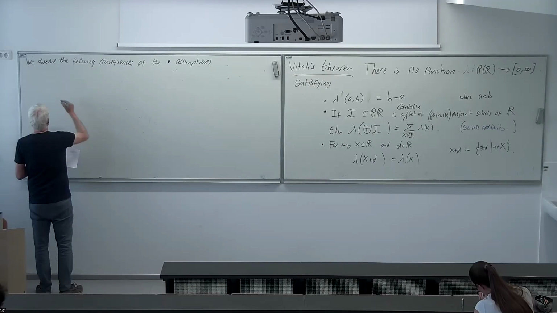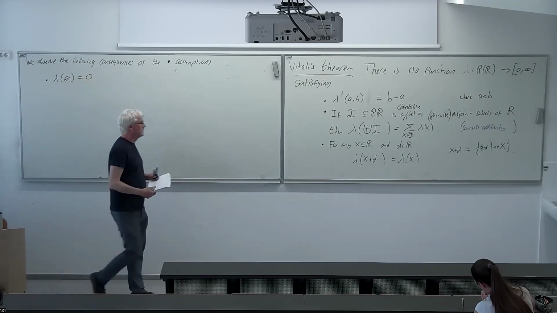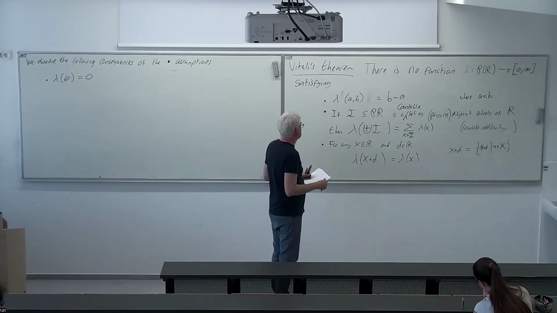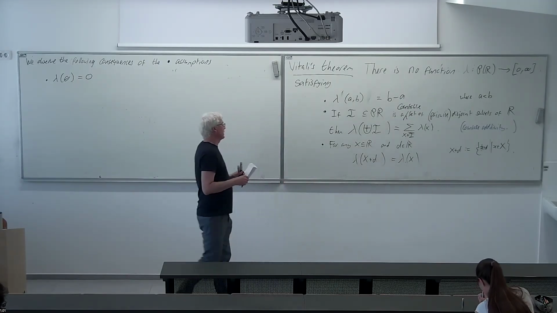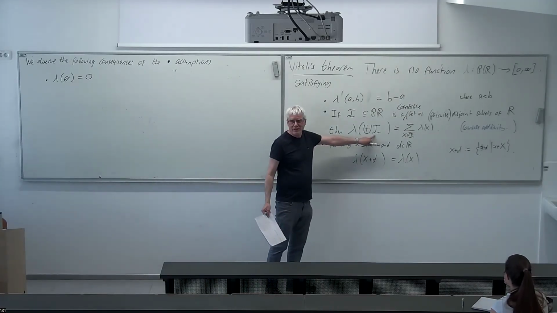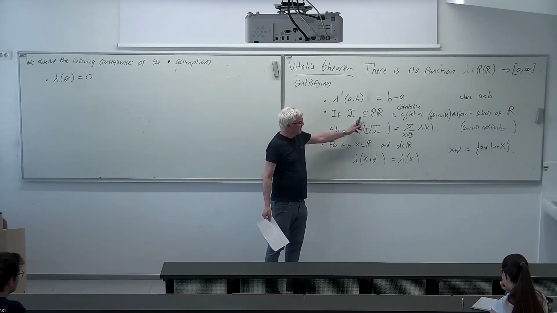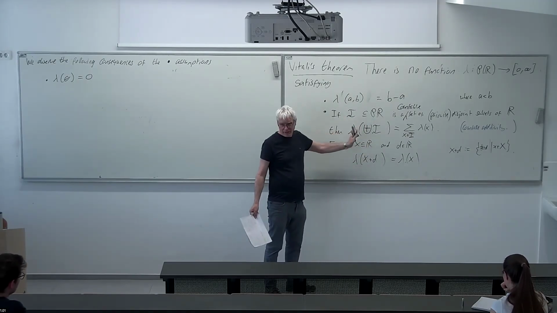Firstly, the length of the empty set is 0. You can view it as a special case of countable additivity, because countable means finite or countable, and finite can be empty.